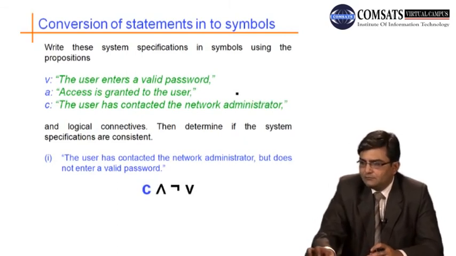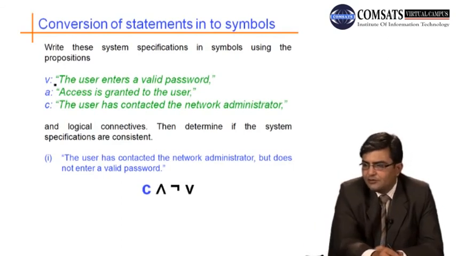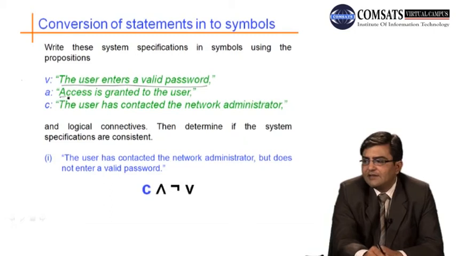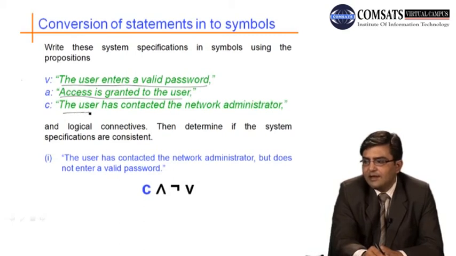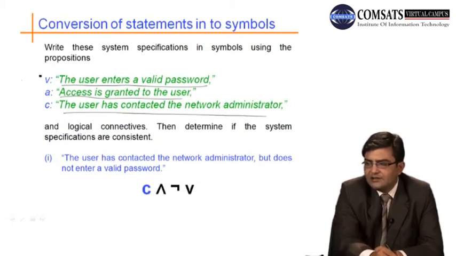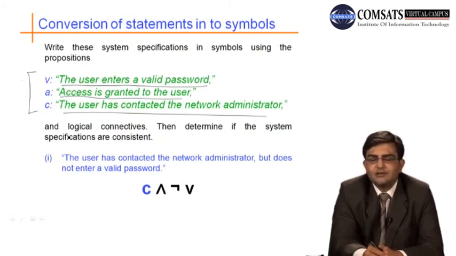If we have these three propositions, if we suppose V is a proposition, the user enters a valid password, A is access is granted to the user, and C is the user has contacted the network administrator. So by using these three propositions, we shall write some statements into symbol forms.